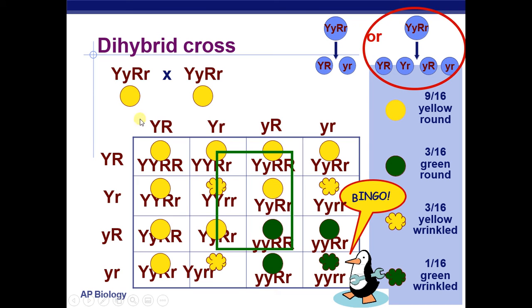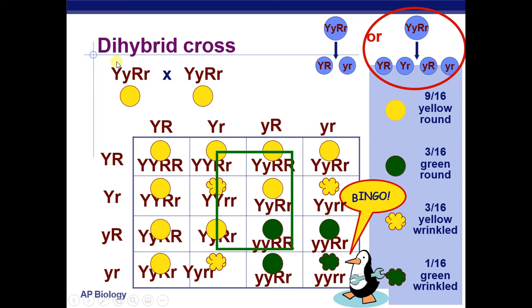And what we're going to do is just like before, along the top is going to be one parent, maybe this one. Along the side is going to be another parent, maybe this one. And we're going to put above each all the combinations possible of one Y and one R we can make from that parent.